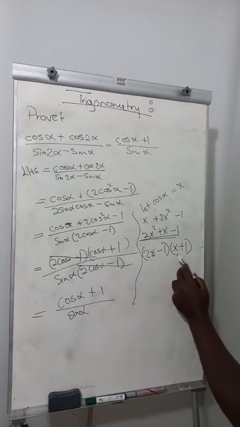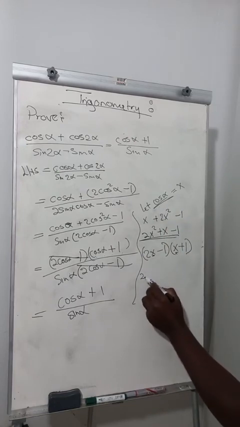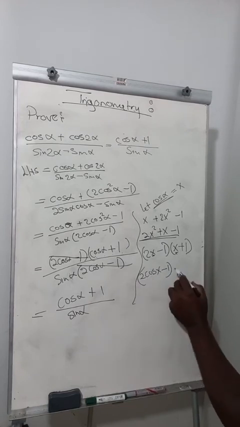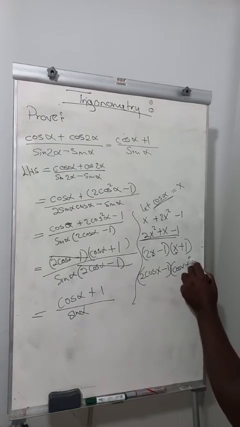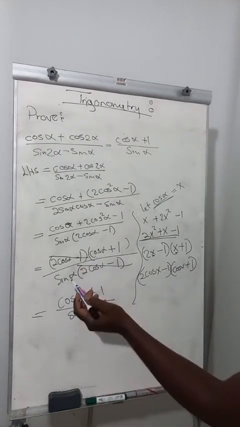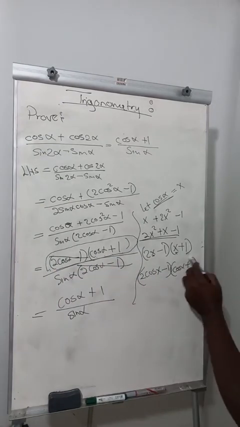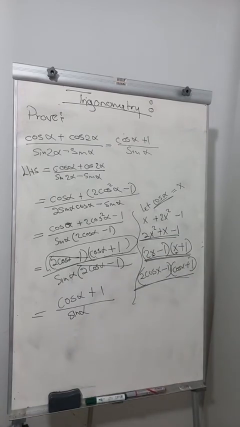Wherever there is an x, go back and replace it with cos x. So you'll have 2 cos x minus 1, and then cos x plus 1. This is what happened when I was factorizing these things. So I hope I brought you back to the picture. Maybe those ones were lost. So that's the thing.